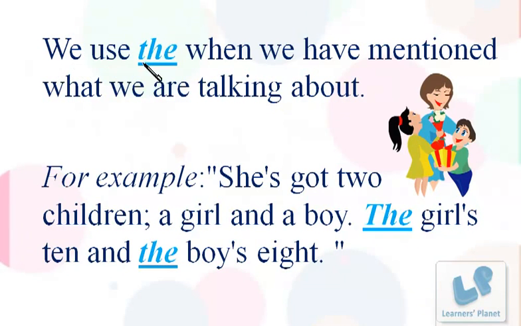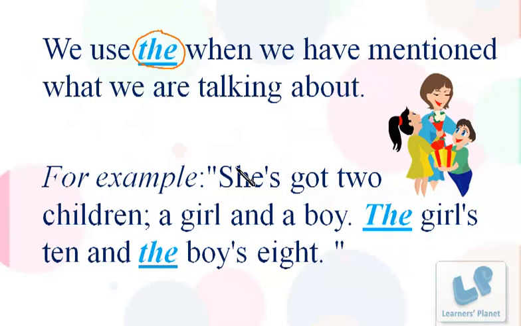So we use the when we have mentioned what we are talking about. This means that the is also used when we have already mentioned or told about what we are going to talk about, or something that we are going to talk regarding a topic. So let us take an example for that. She's got 2 children, a girl and a boy. The girl's 10 and the boy's 8.